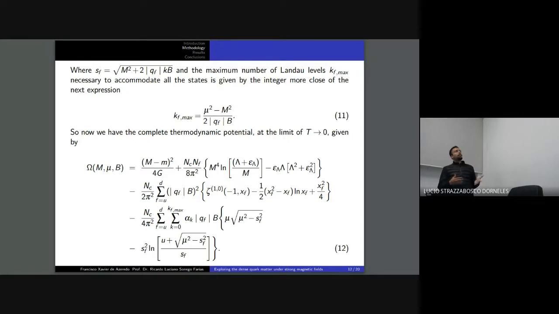The maximum number of Landau levels is given by equation 11. So now we have the complete thermodynamic potential given by equation 12, with the effects of density and magnetic field.